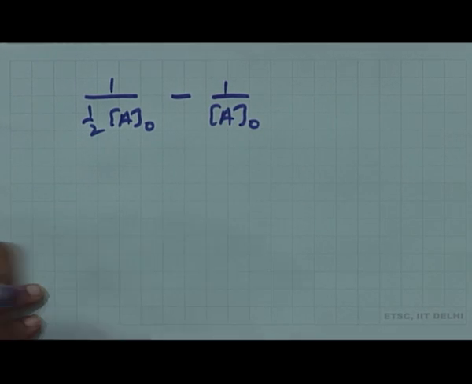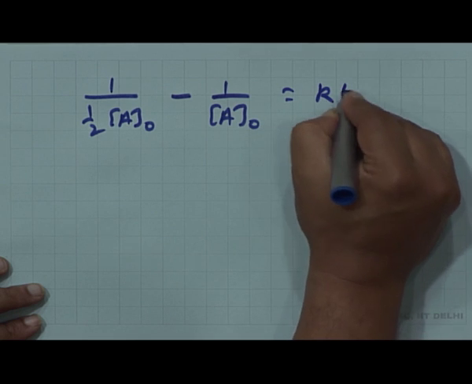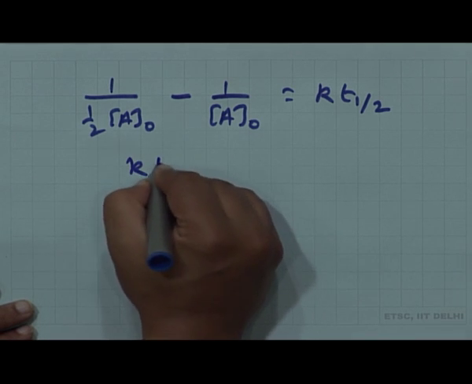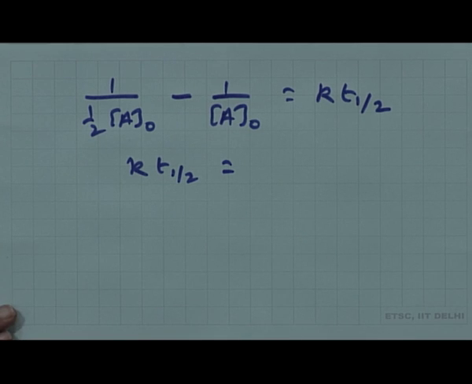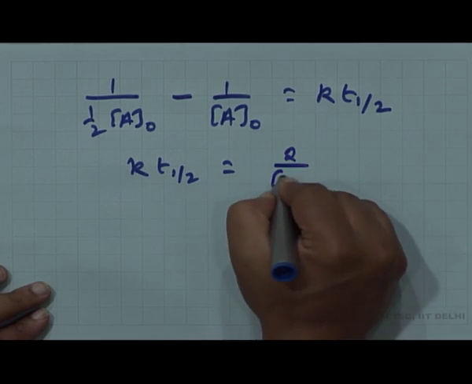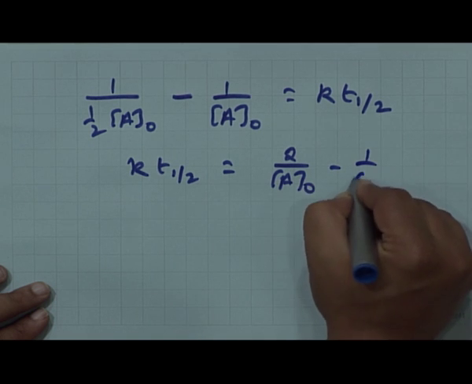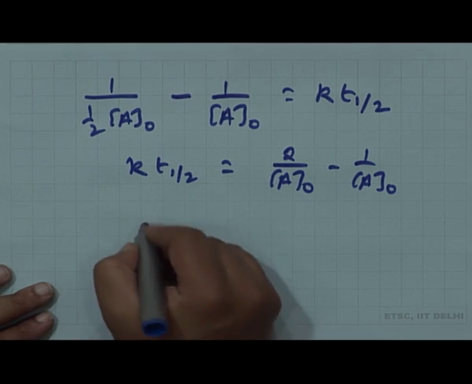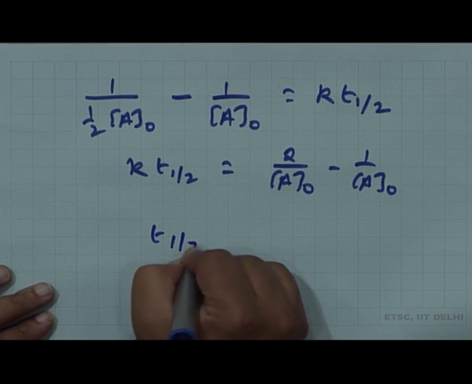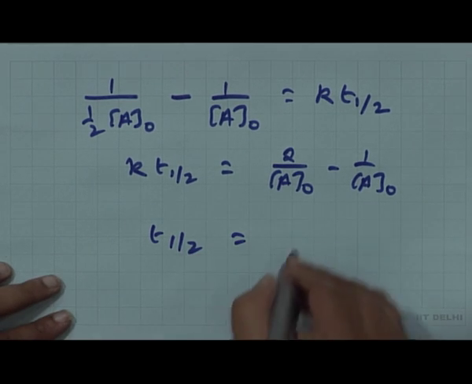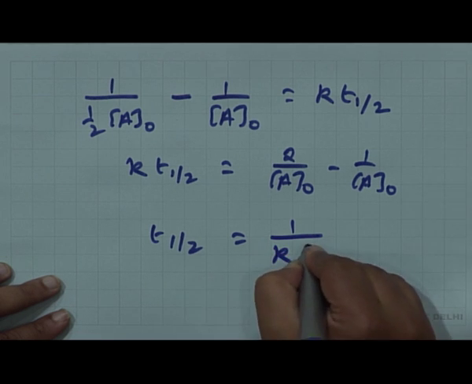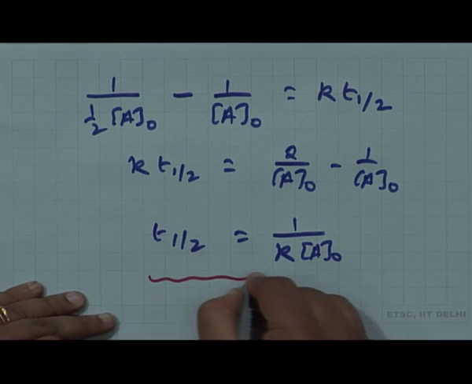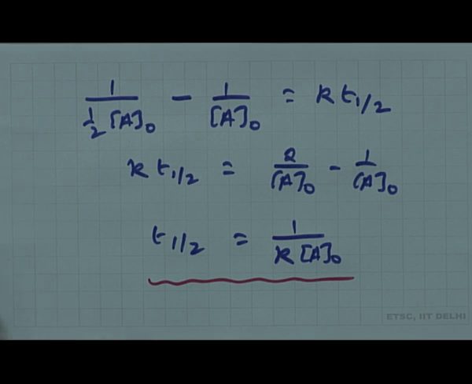So, I have taken A naught to the other side is equal to K T half, or I can write K T half is equal to 2 over A naught minus 1 over A naught, right, or T half can be written as 1 by K A naught. So, this is the expression for the half life for a second order reaction.